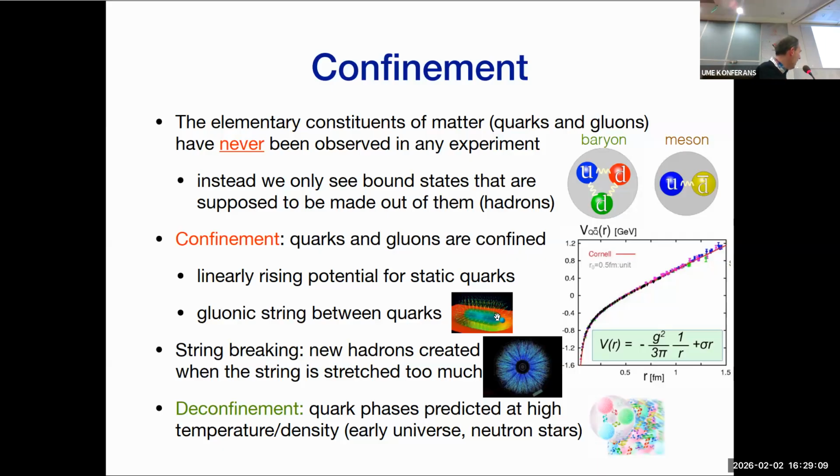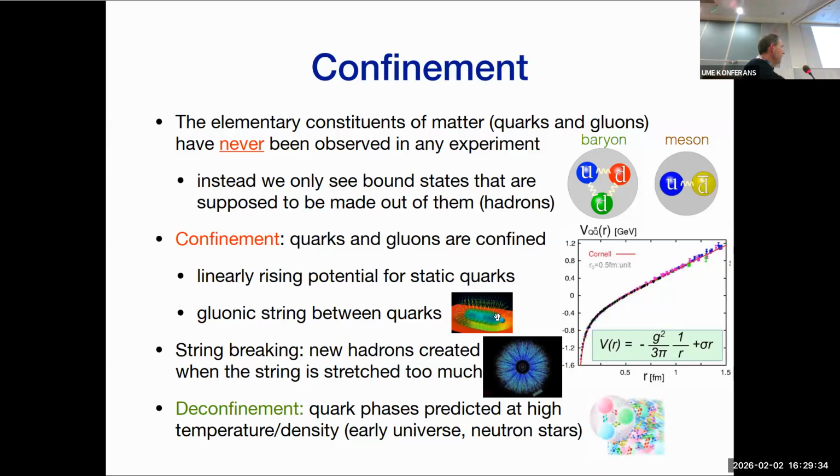But at really high density, that theory predicts that this confinement stops. At very high density, where the interaction gets weak, you have something called deconfinement, and you have free quarks that then might still interact, but are not bound into hadrons anymore. The question is, no one knows where this happens.